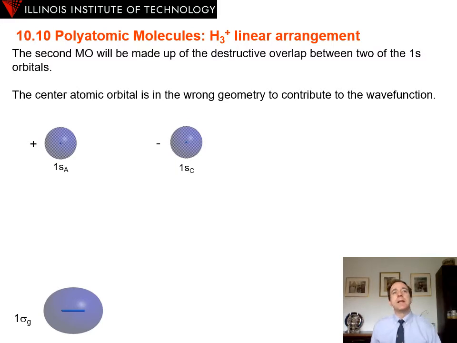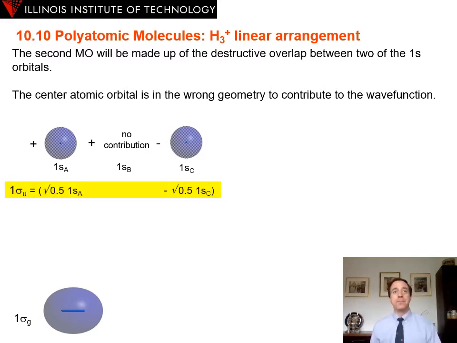And if we flipped its sign to minus, it would do the same thing: destructively interfere with the A and constructively interfere with the C. So again, a net non-effect. Really, it just doesn't participate, or that's the way mathematically that we're going to analyze this. So there's no contribution from the central hydrogen to this molecular orbital.